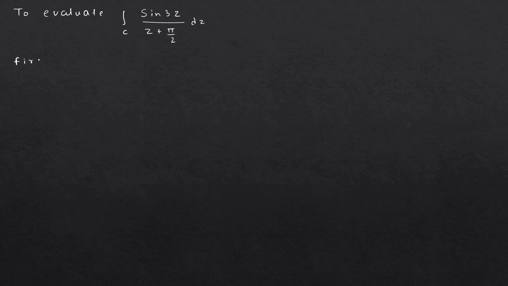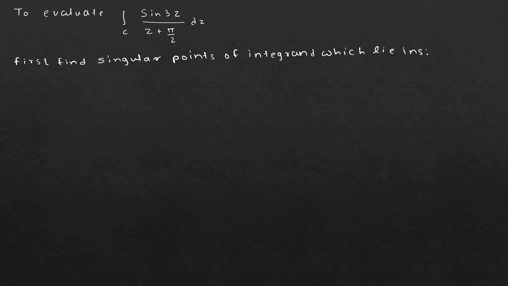Now, to evaluate the integration over C of sine 3z upon z plus pi by 2 dz, first find the singular points of the integrand which lie inside C. Okay, now how to find the singular points?